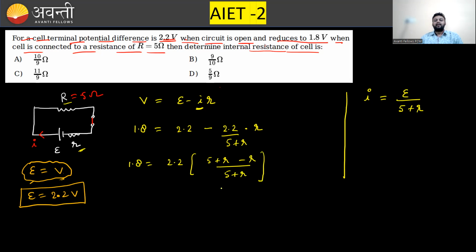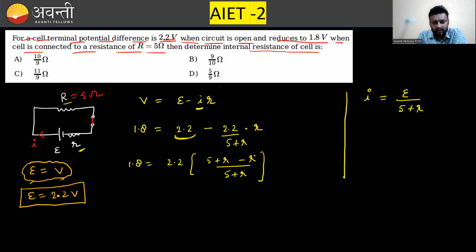This is a simple calculation. What I did here: I have taken 2.2 as common. So after that, this portion will remain 1. I have taken LCM and solved it. Quite simple steps.